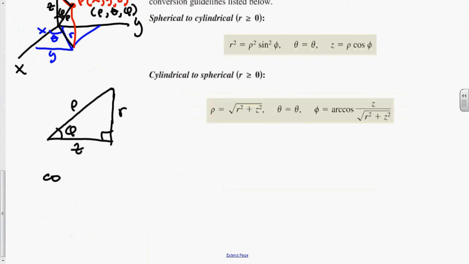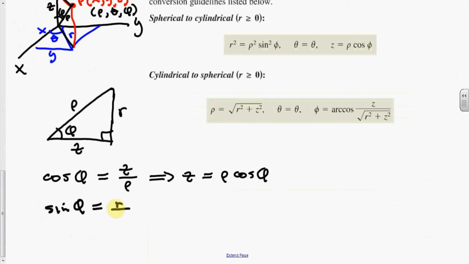So we get cosine of phi. This guy is z over rho. That implies that I can go directly from the rectangular value of z right to its spherical value, and that becomes rho times cosine phi. Sine of phi is equal to r over rho.